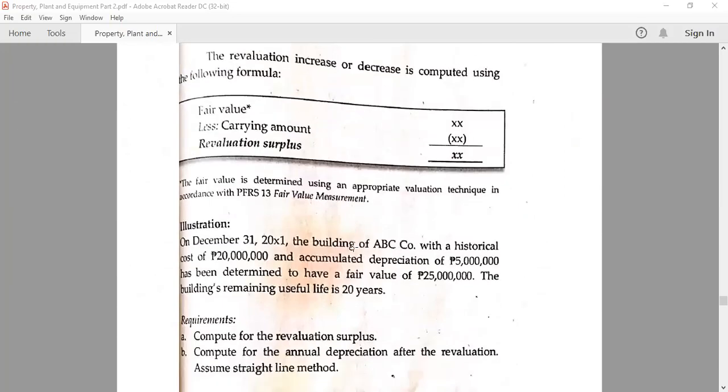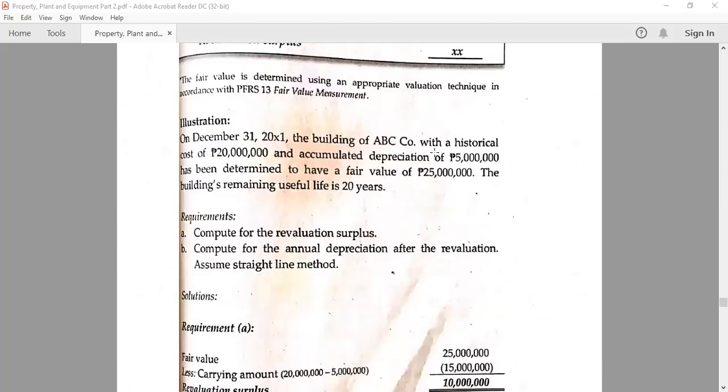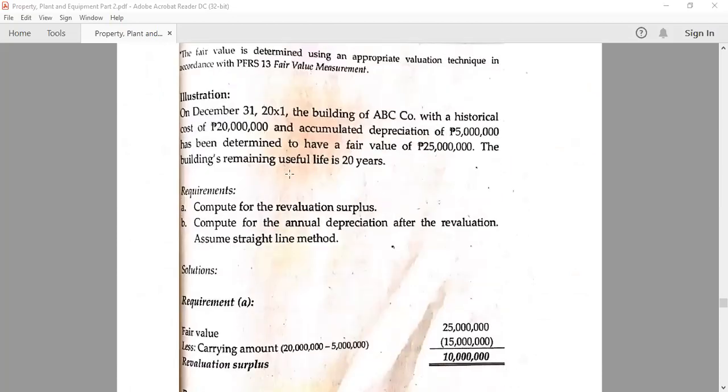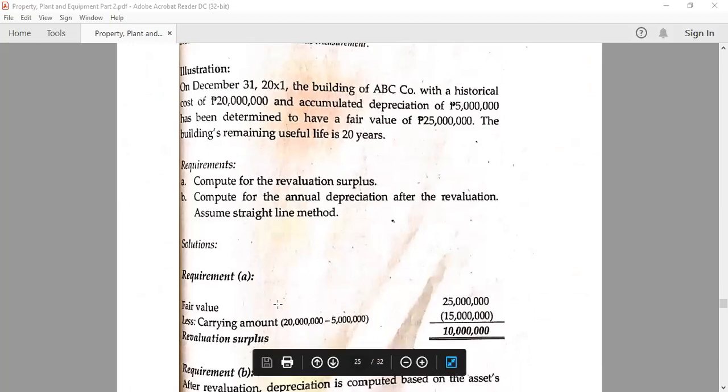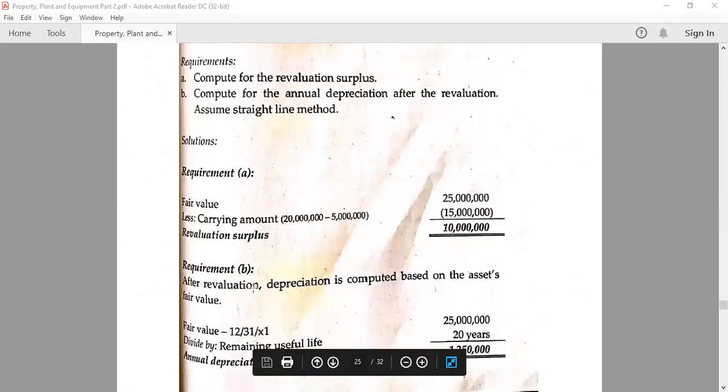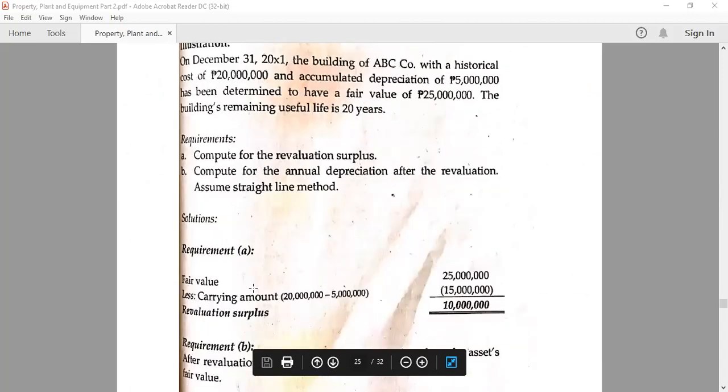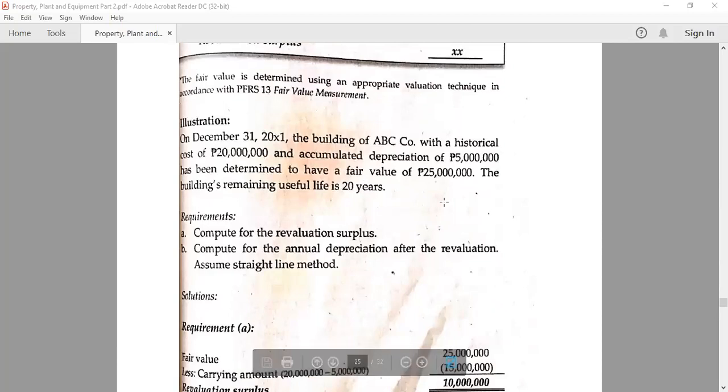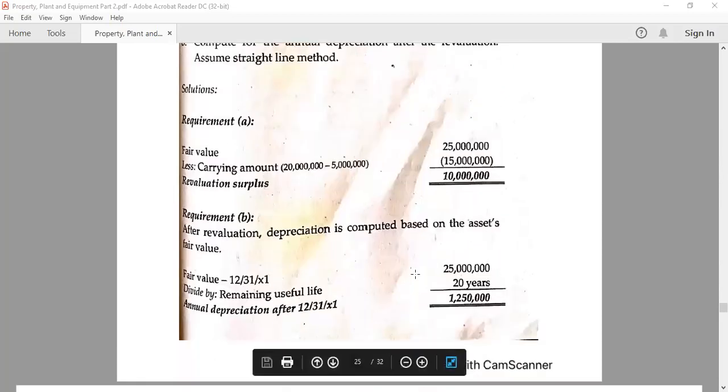To compute revaluation surplus, this is our formula, as also discussed in our videos. Let's say we have the given details and we are asked how much is the revaluation surplus. Simply, that's fair value minus carrying amount. After the revaluation, we divide the fair value by the remaining useful life of 20 years to get the annual depreciation after the revaluation.